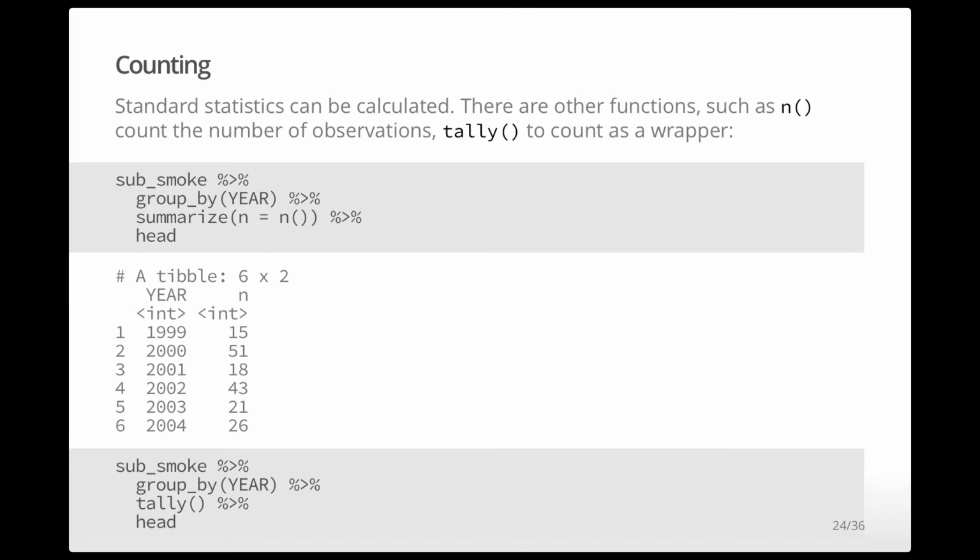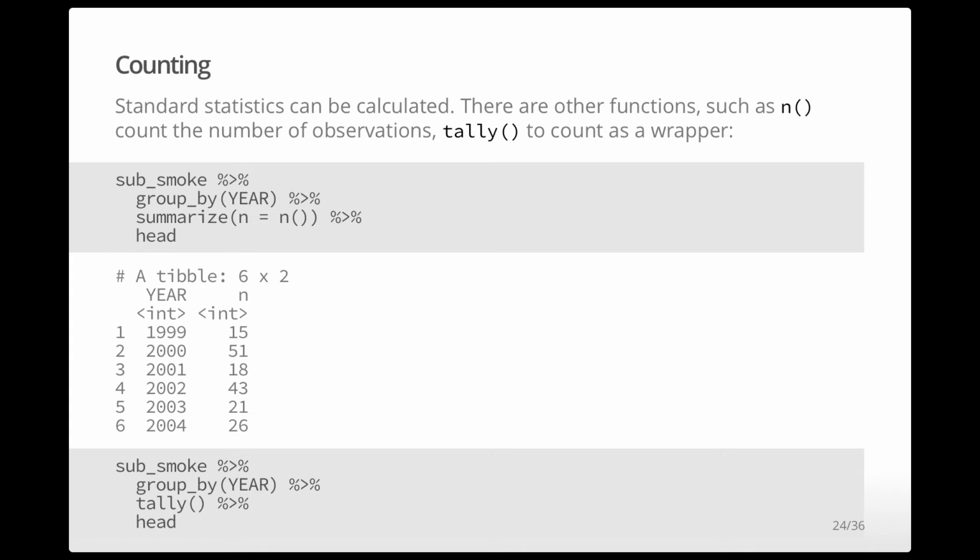So standard statistics can also be calculated. There's another function called tally. If you group something and tally it up, it'll essentially do a frequency table based on that grouping. So let's say you group by gender and age category, and then you ran tally, it'll give you all the combinations of age and gender that exist in the data and how many records fall into those categories.